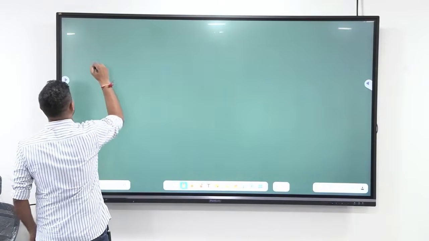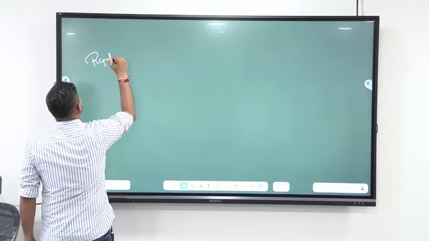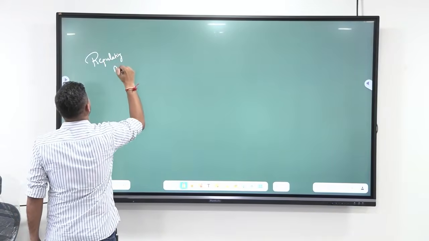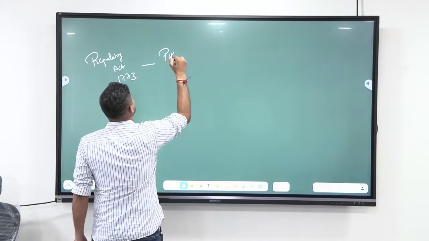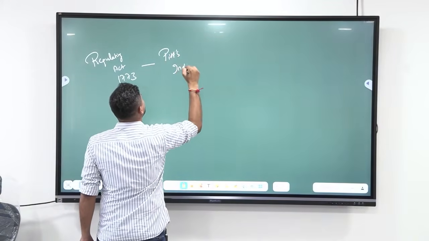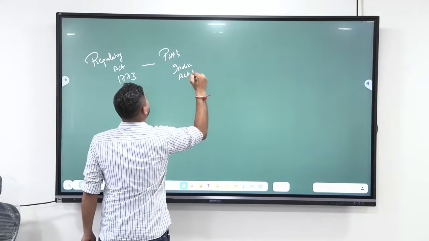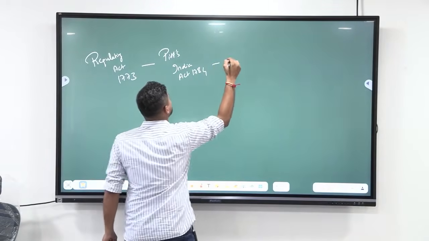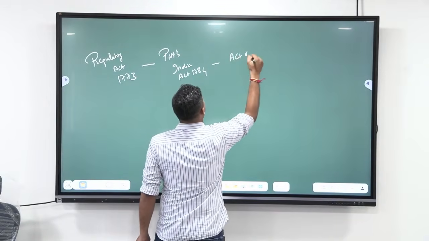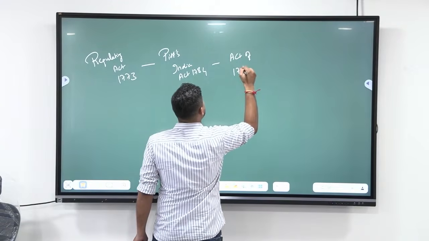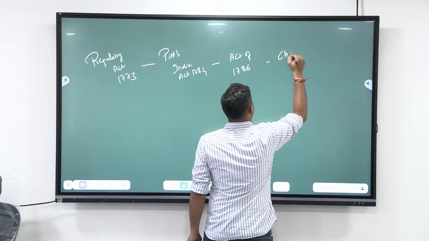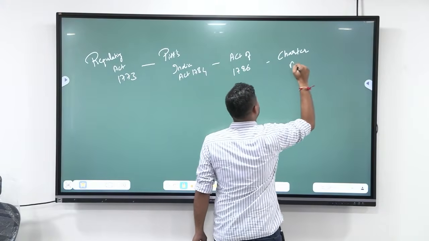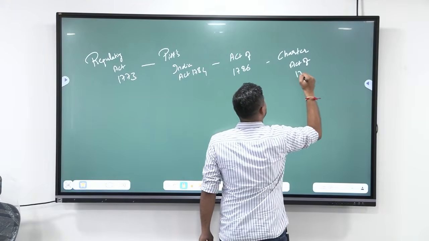So basically it starts with the Regulating Act of 1773. Then comes the Pitt's India Act of 1784. Then comes the Act of 1786. Then comes the Charter Act of 1793.